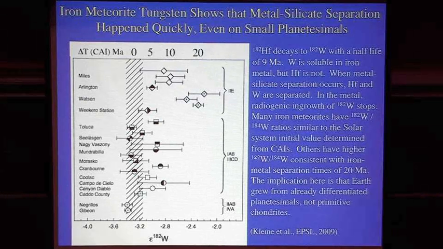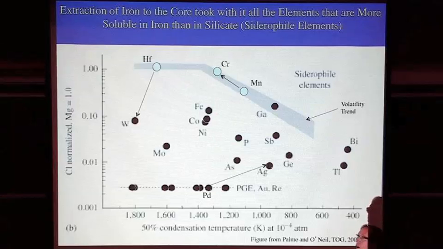So this may be one of those hit-and-run things, where basically the mantle was stripped off this planetesimal, leaving behind a metallic core. There's a lot of modeling involved here, but basically what you're talking about is an early differentiation event, forming this core and then stripping the mantle off of it.